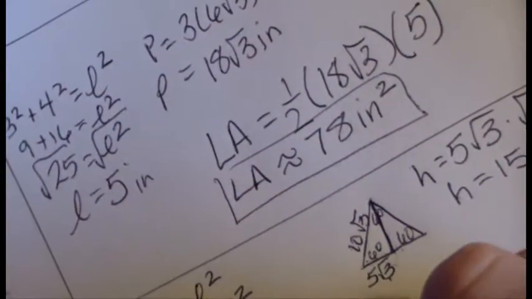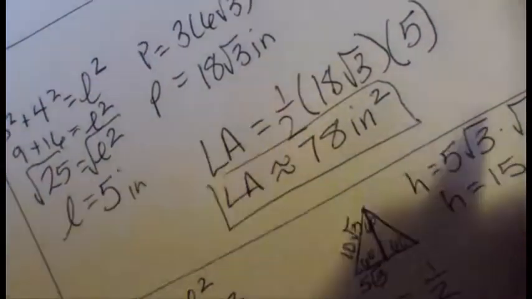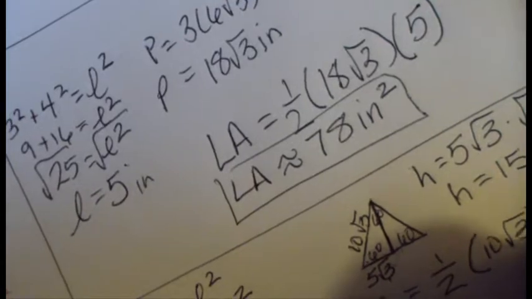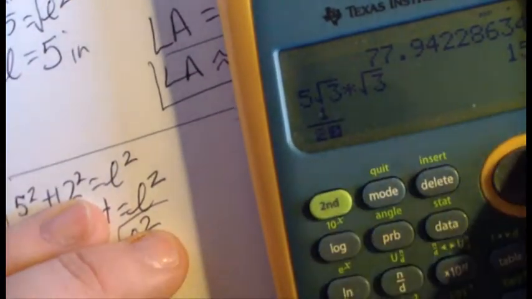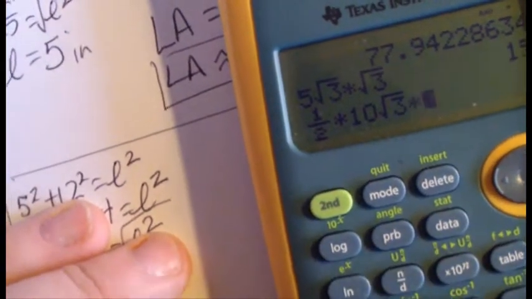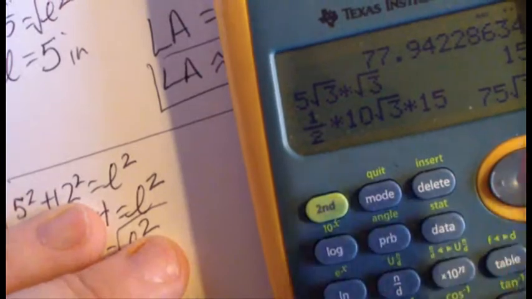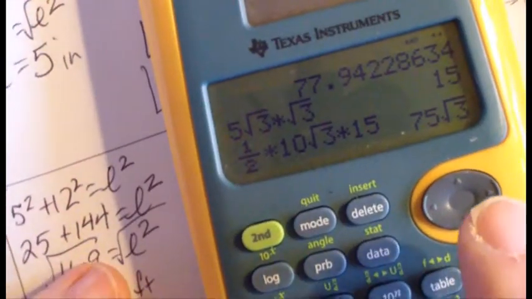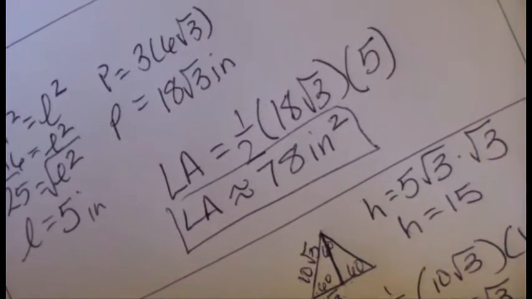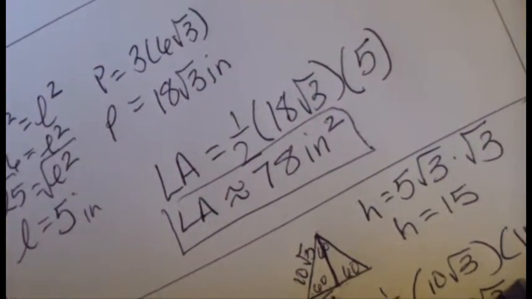So base area, 1/2 times the base, which is 10 square root of 3, times the height, 15, is 75 square roots of 3. And that's our base area, in feet squared.